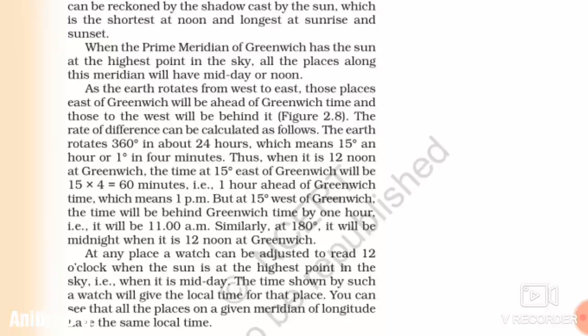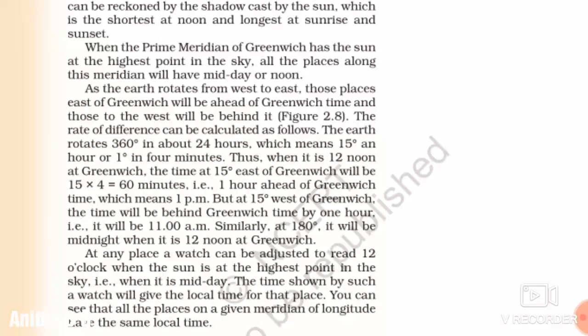Thus, when it is 12 noon at Greenwich, the time at 15 degrees east of Greenwich will be 15 into 4 equals 60 minutes, that is 1 hour ahead of Greenwich time, which means 1 p.m. But at 15 degrees west of Greenwich, the time will be behind Greenwich time by 1 hour, that is, it will be 11 a.m. Similarly, at 180 degrees, it will be midnight when it is 12 noon at Greenwich. Like that, we can count the time from longitude.